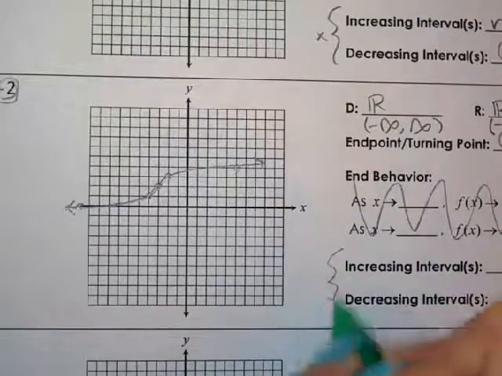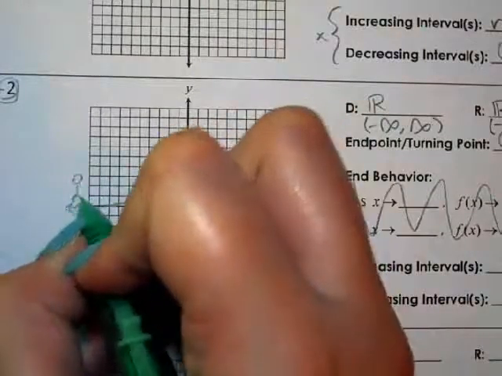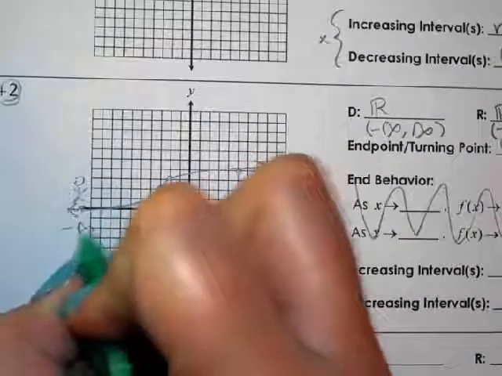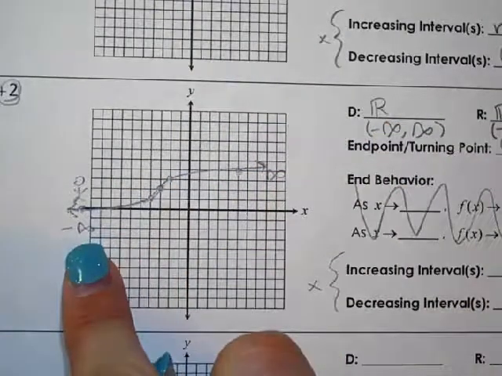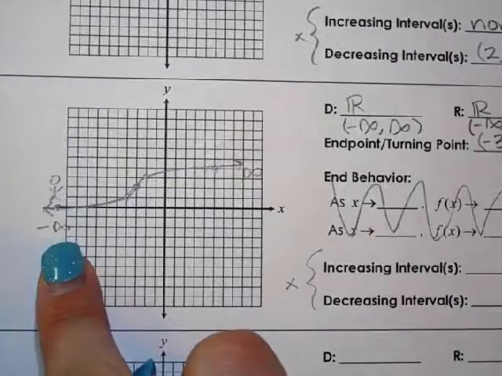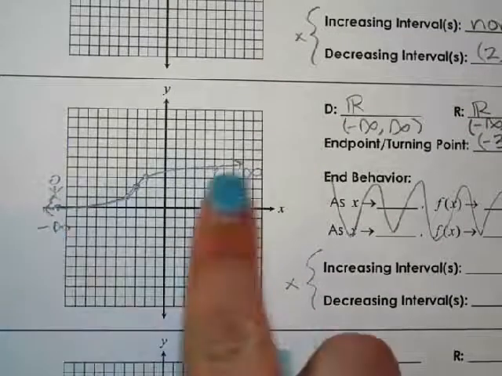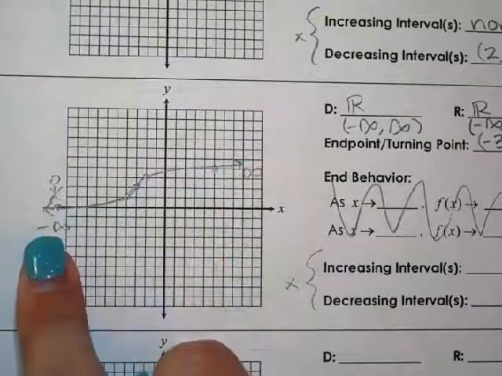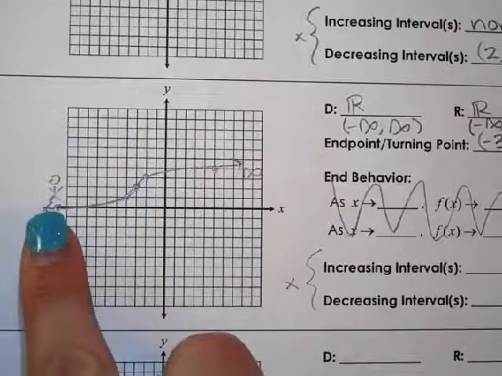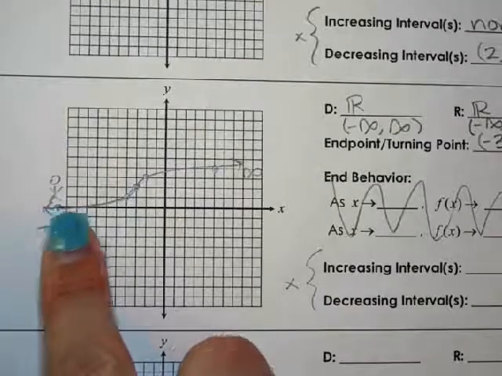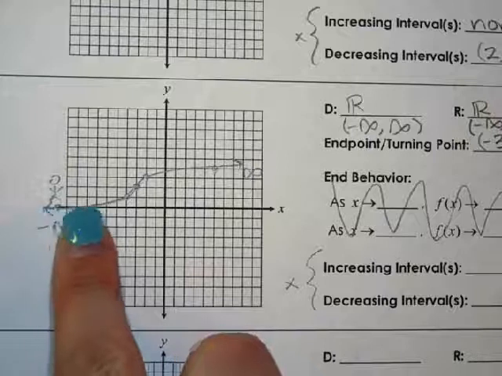So I put my little stick figure for my increasing and decreasing intervals. It's x values, so it's a left arrow to a right arrow, which means -infinity to positive infinity. And how is my stick figure walking? Uphill or downhill? Yeah, it's slightly increasing, then it gets steep, then it levels out again, but it's increasing the whole way, right? It's just different types of increasing.